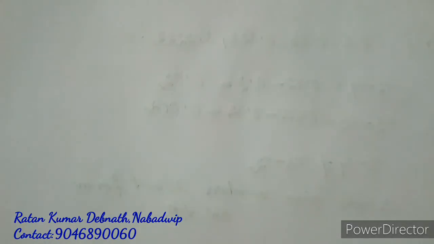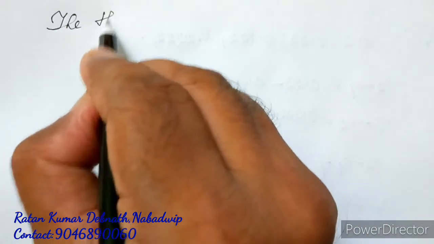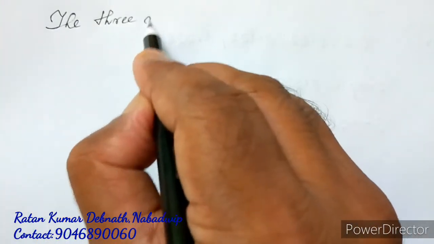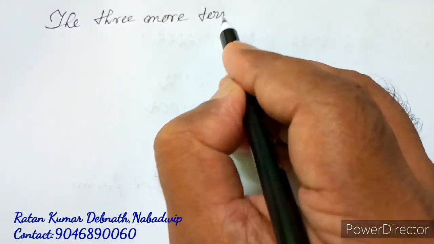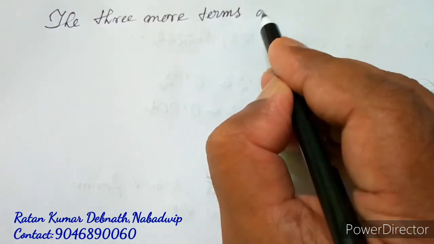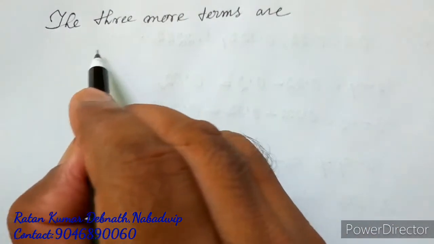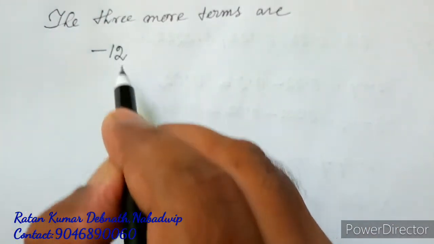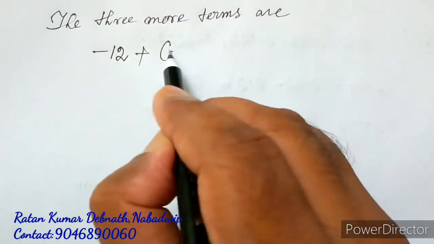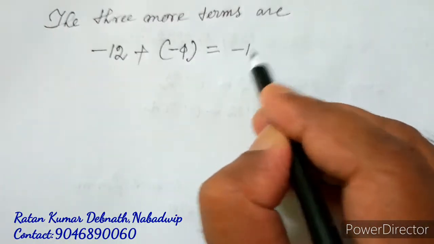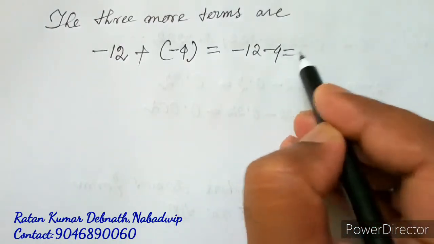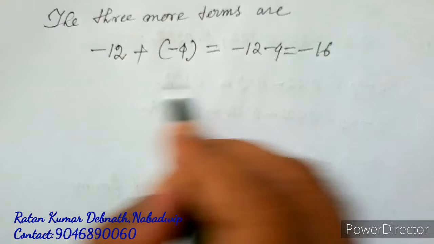Since the numbers are in AP, we have to find out 3 more terms. The 3 more terms are minus 12, that is 4th term, plus common difference, that is minus 4: minus 12 minus 4 results in minus 16.